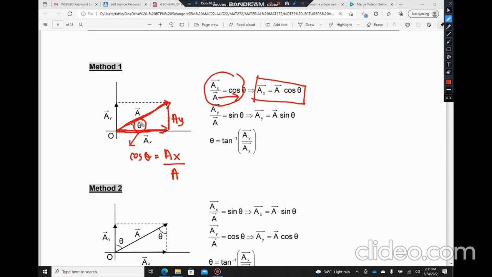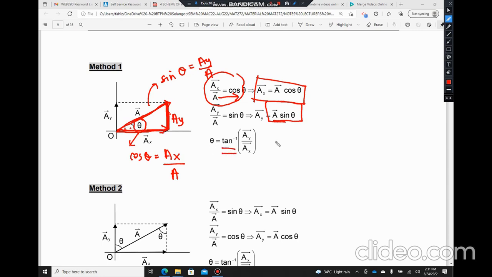And then satu lagi untuk AY. AY dekat sini. So, kalau kita tengok kat sini, AY dia opposite kan. Theta ni opposite. So, dia menggunakan sin. Sin theta equals to opposite is AY divided by A. So, it means that AY equals to A sin theta. Okay, so theta ataupun satu lagi kita boleh gunakan tangent.